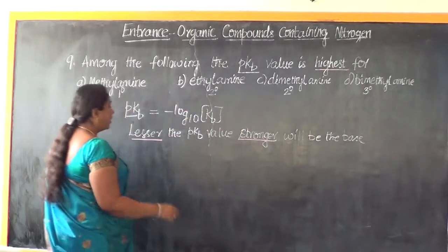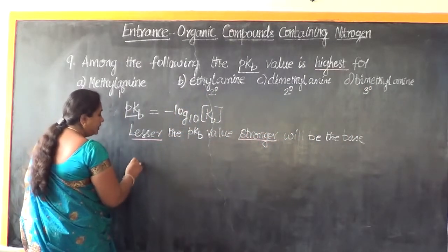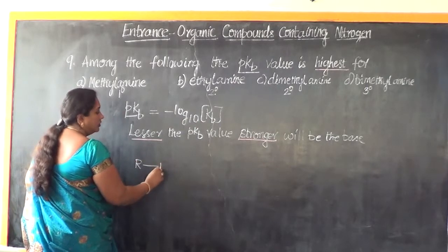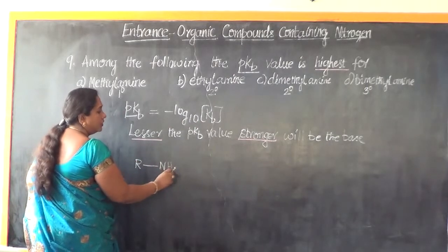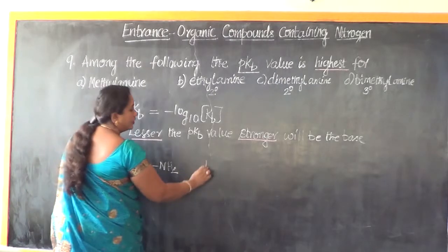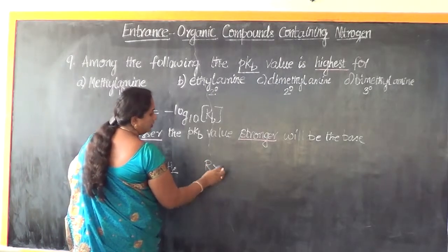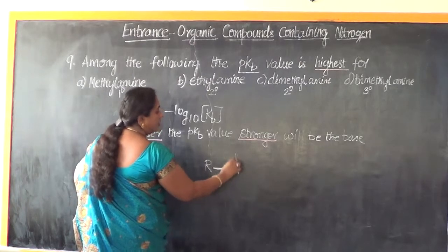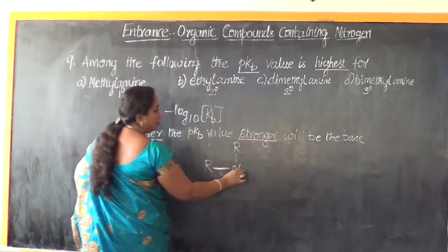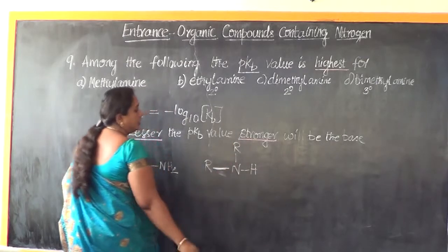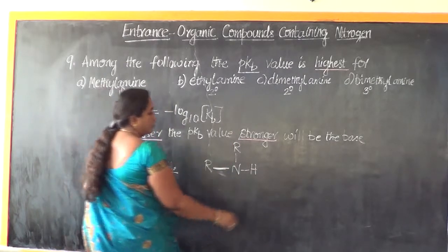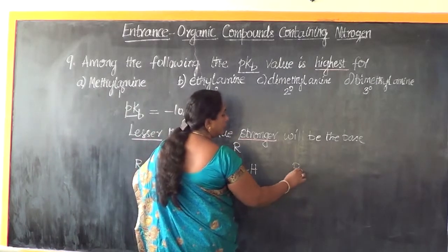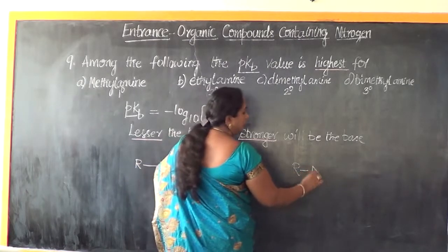Now let us try to write the structure of them. RNH2 is a primary amine. In a secondary amine, R is linked with nitrogen in two cases, and to the other side it is linked with hydrogen. How will be the structure of a tertiary amine?